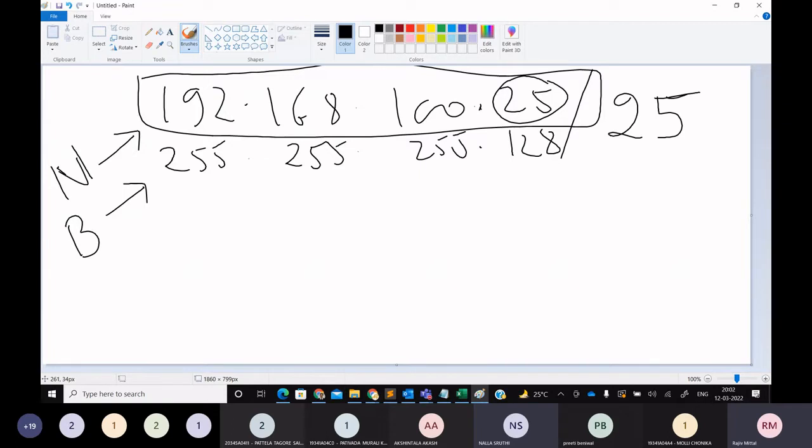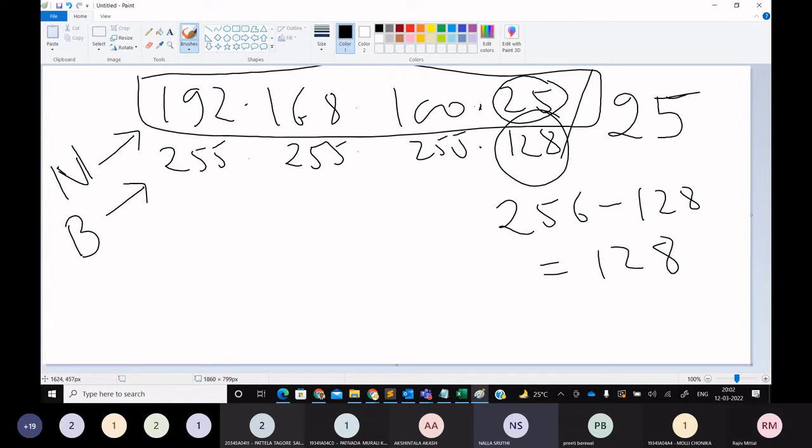Take this subnet mask, 128. You divide 256 by the subnet mask's value, and it comes to 128. Then you write 0 and 128.